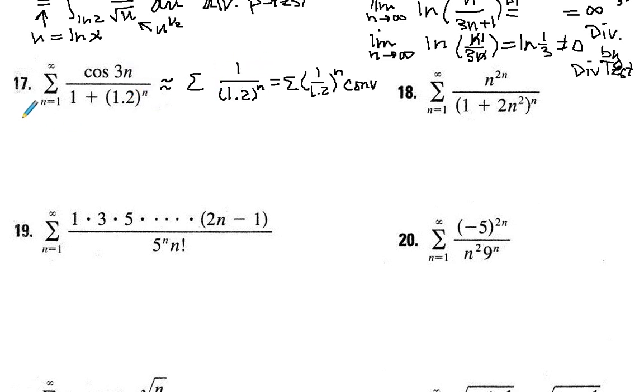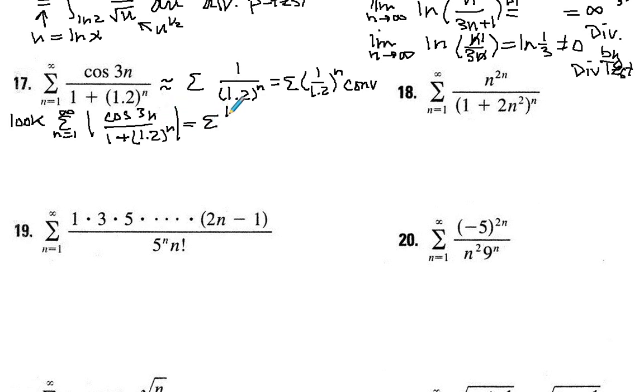So what we want to do is look at the absolute value series and show it converges. Okay, so we're going to look at the sum from n equals 1 to infinity of the absolute value of cosine 3n over 1 plus 1.2 to the n, and take the absolute value of the top and bottom separately.